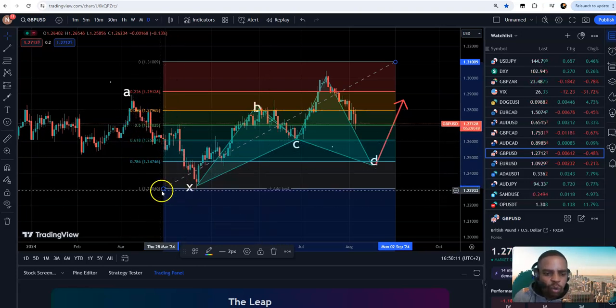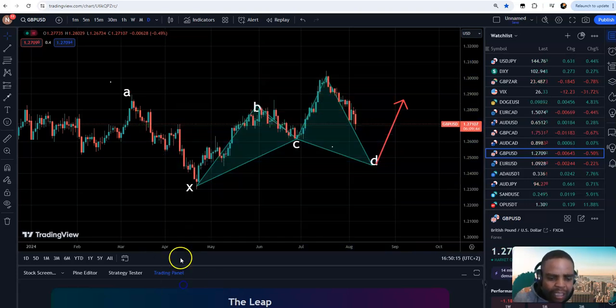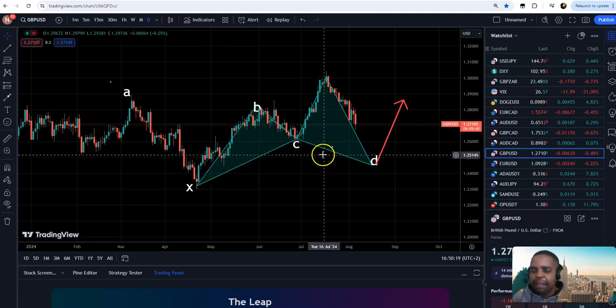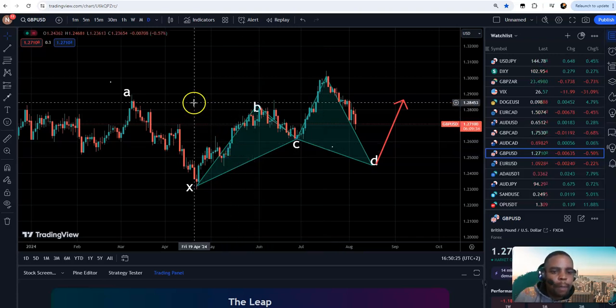That is why I don't want to confuse people with the Fibonacci retracement, but just understand these harmonic patterns are very, very powerful. This one is occurring on the daily chart for the GBP USD pair.